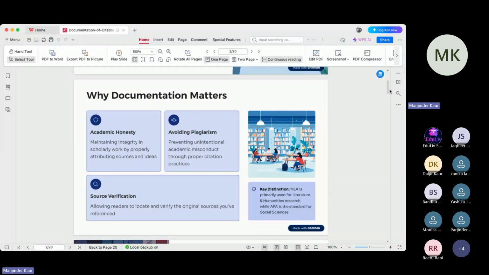Third is source verification, allowing readers to locate and verify the original sources you have referenced. See, every research is a platform for new research.